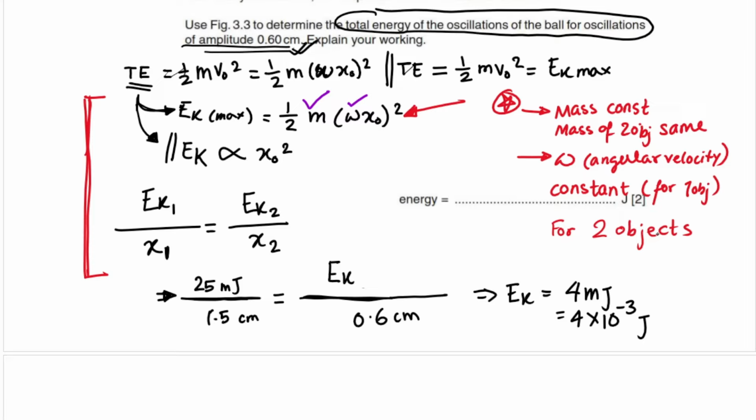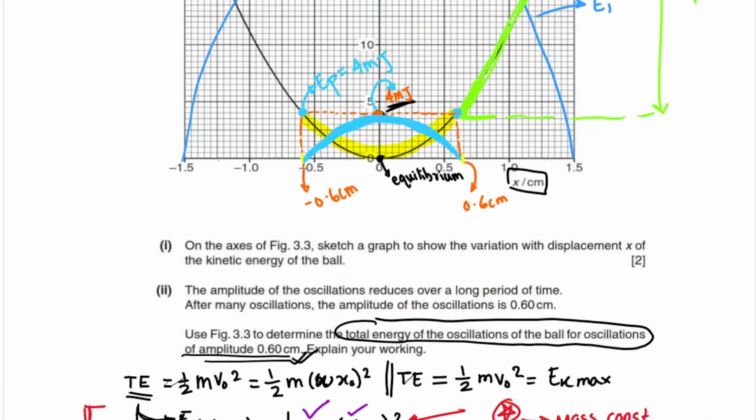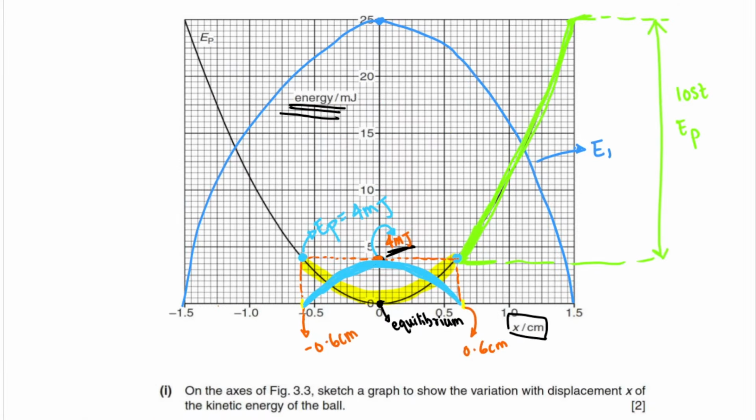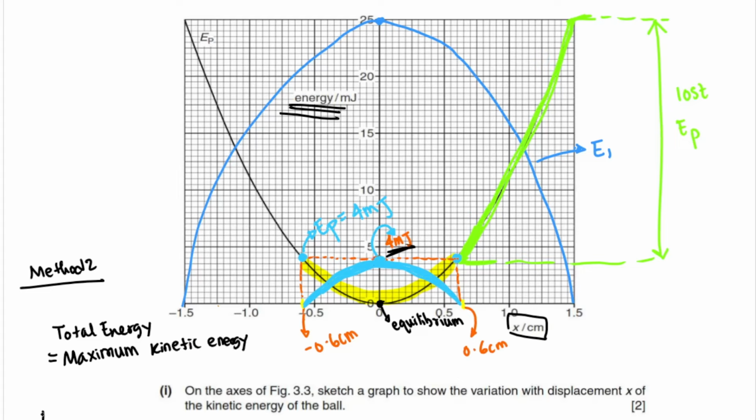So instead of doing all of this math for the 2 marks, you can just write in the question, which is method 2, total energy equals maximum kinetic energy, EK max, is 4 millijoules, which we can observe from the graph.